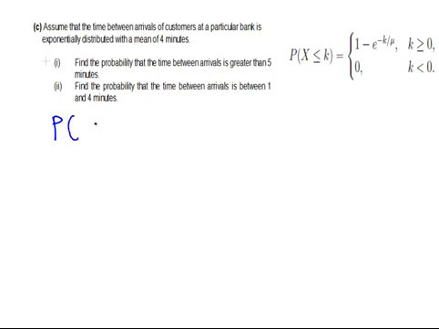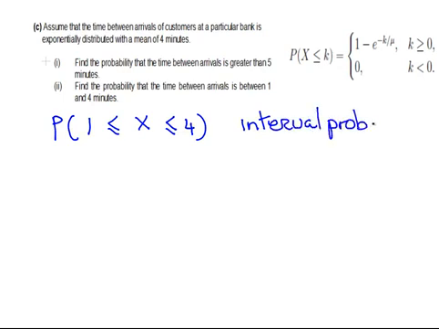So the probability of x being between 1 and 4. Okay. So this is an interval probability, and what I'm going to do here is use the too high, too low approach.